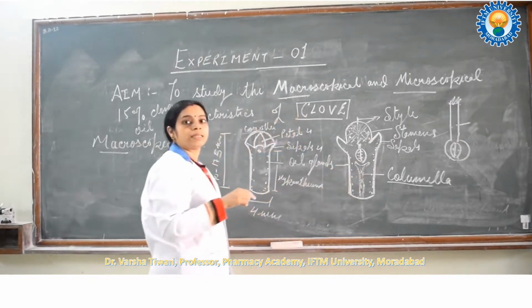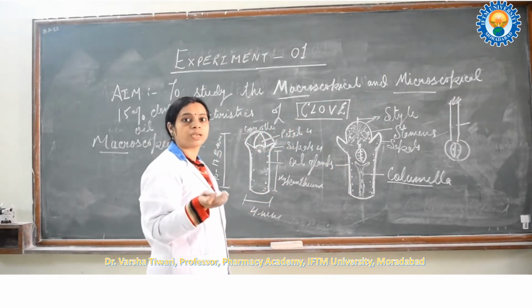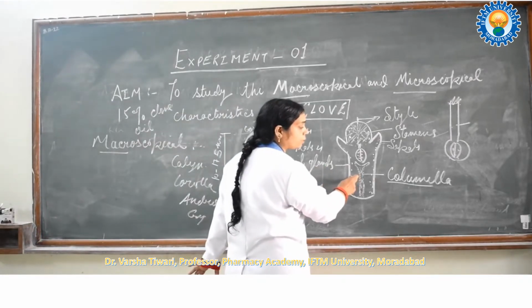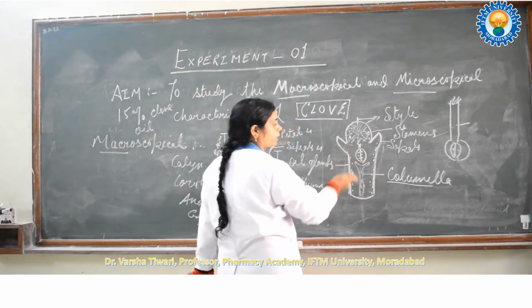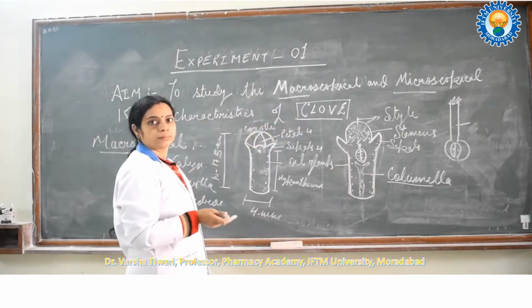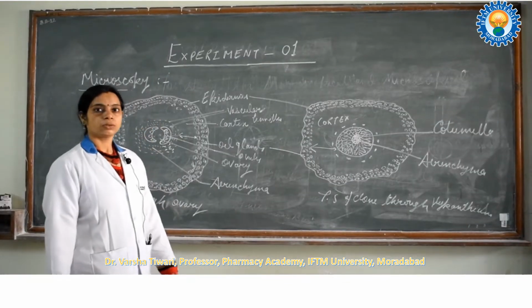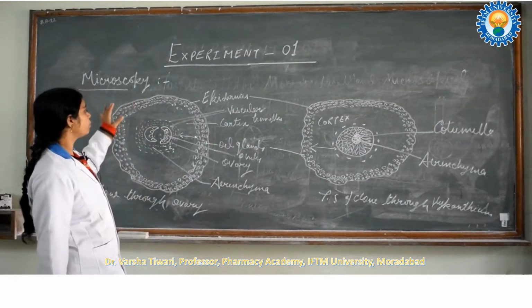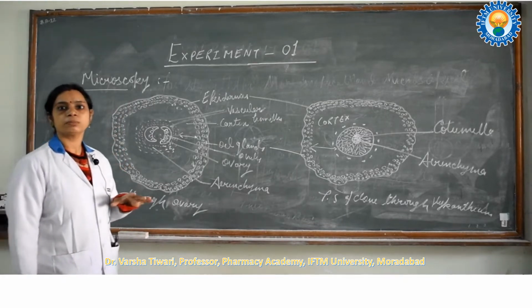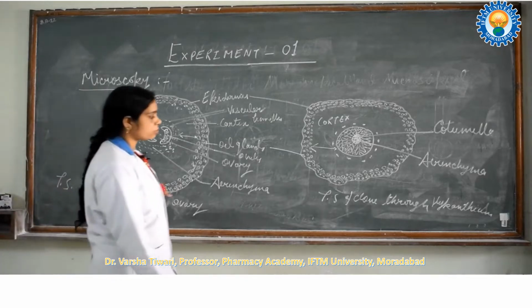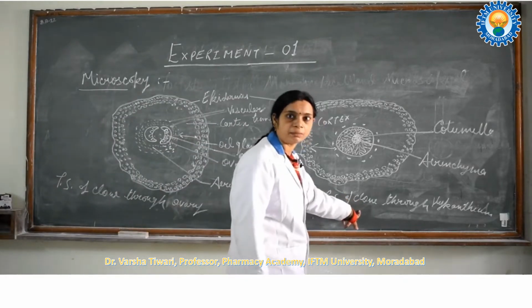By studying the transverse section, we can identify which section contains the columella and which section contains the ovary. So when we study the microscopy of the clove, you are going to observe 2 sections. One is the section through the ovary, and another is the section through the hypanthium.